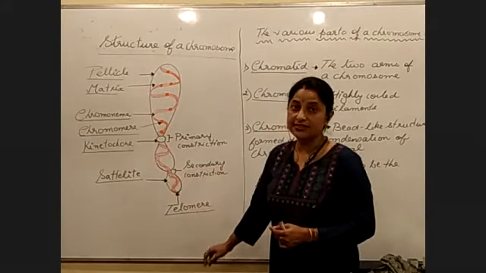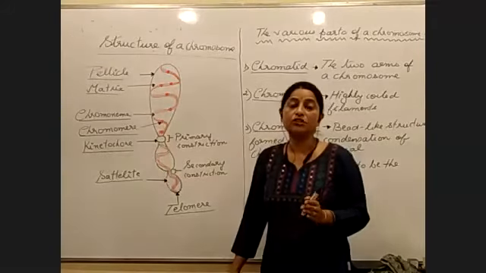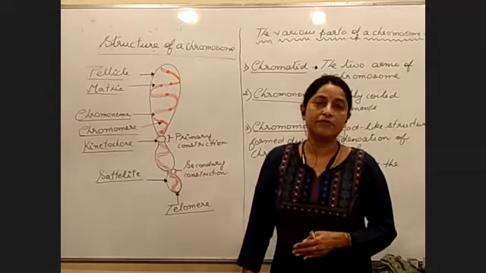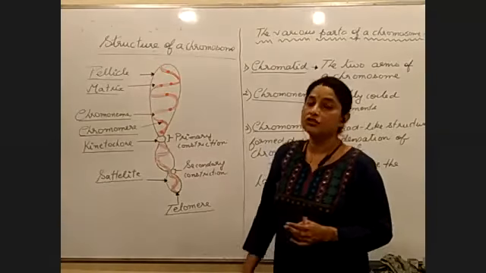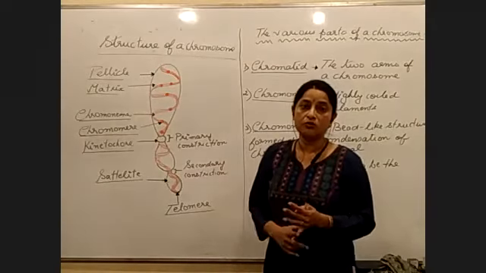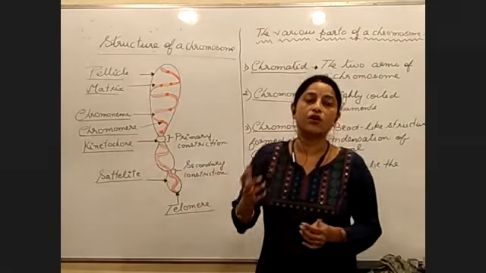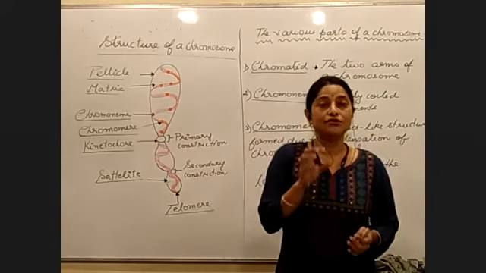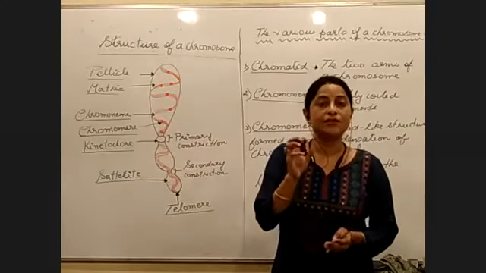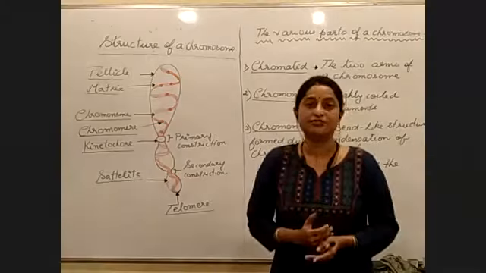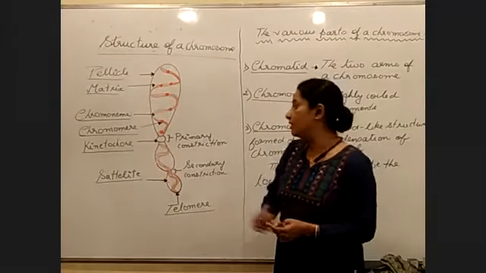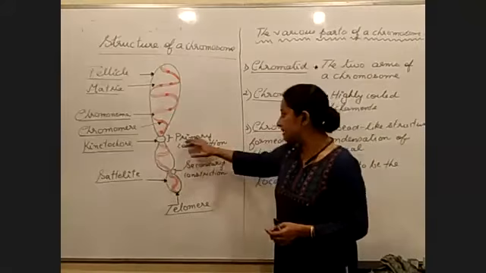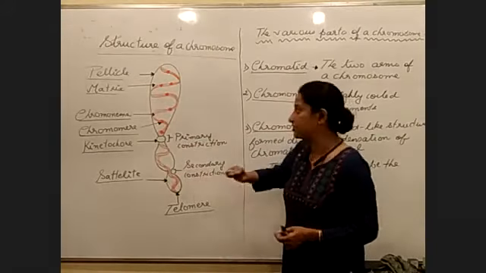It is not necessary that each and every chromosome has a secondary constriction; only a few chromosomes show it. Normally a chromosome has two arms called chromatids, attached at a point called the centromere, which we call the primary constriction. In this chromosome we have seen two narrow spaces, the primary constriction and the secondary constriction.